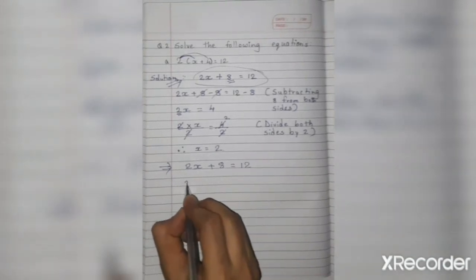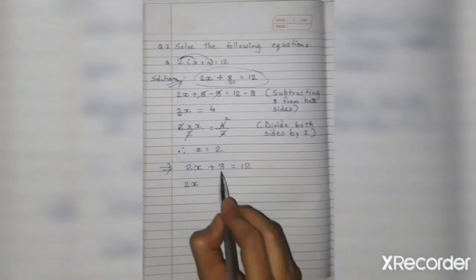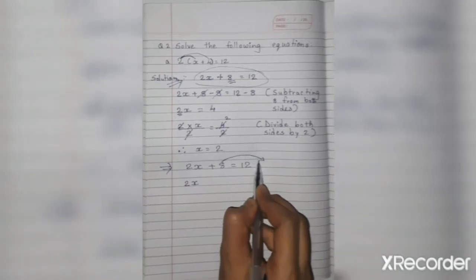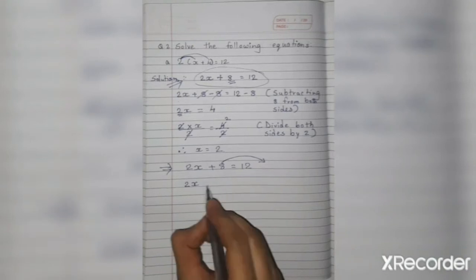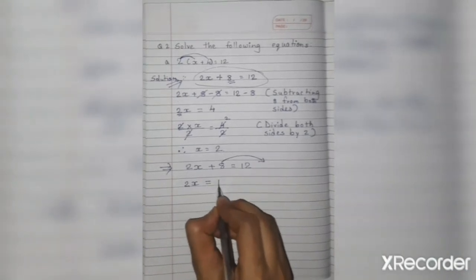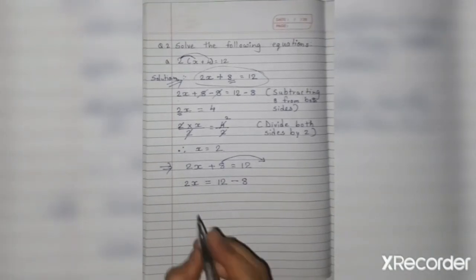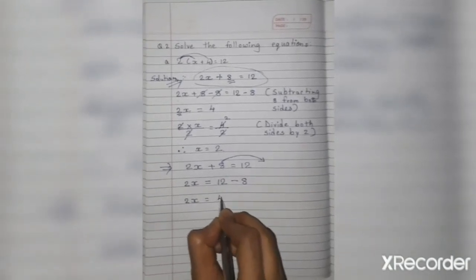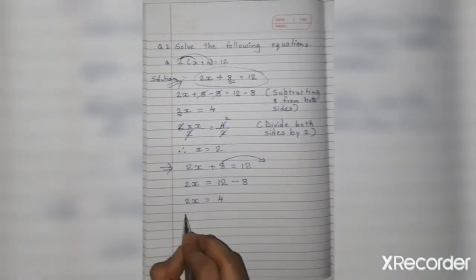So 2x will remain on left hand side. Transfer 8 from left hand side to right hand side and convert it into negative. So 2x equals to 12 minus 8. So what will be the answer? 2x equals to 4.